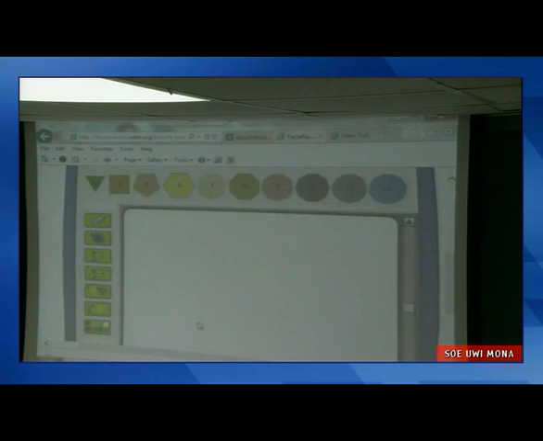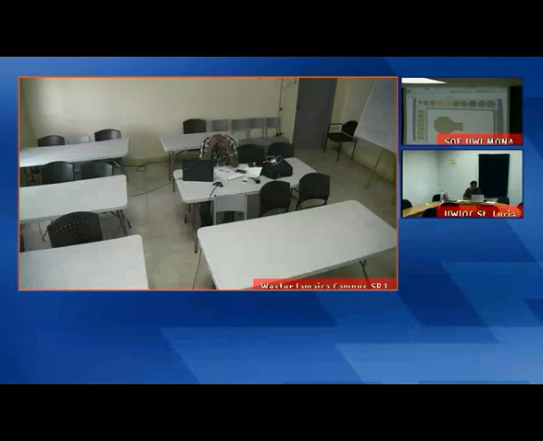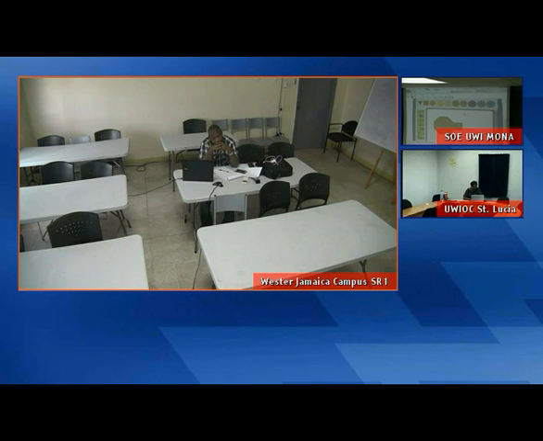The octagon. The octagon has 8 sides. What's the size of each interior angle? 135.